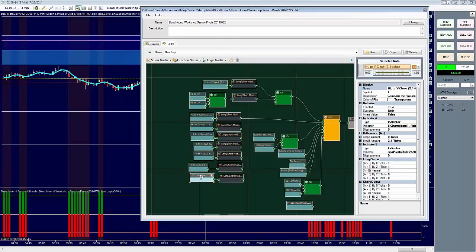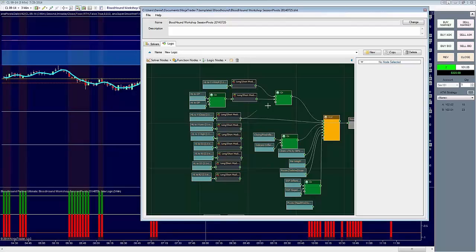And this will be R2. So let me change this one now to R2. Okay. And we're going to put all these together into the OR node. So we're going to allow each one of these areas to be an area from which we can take a trade.